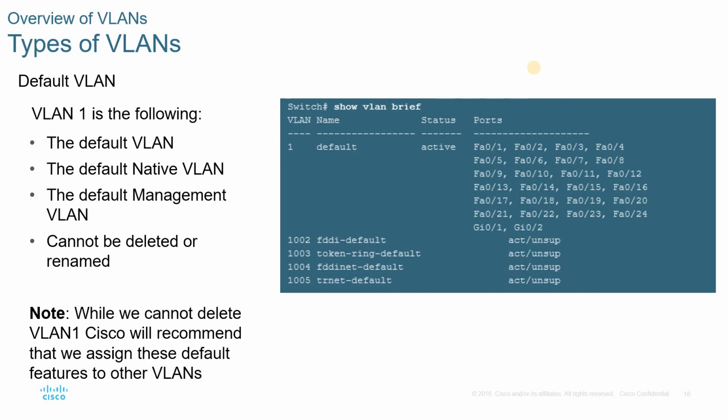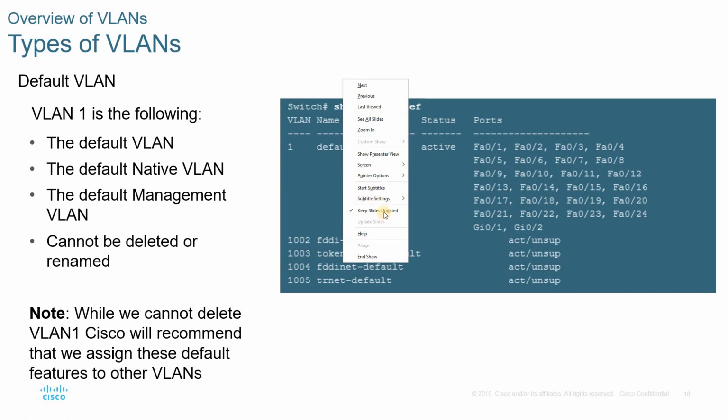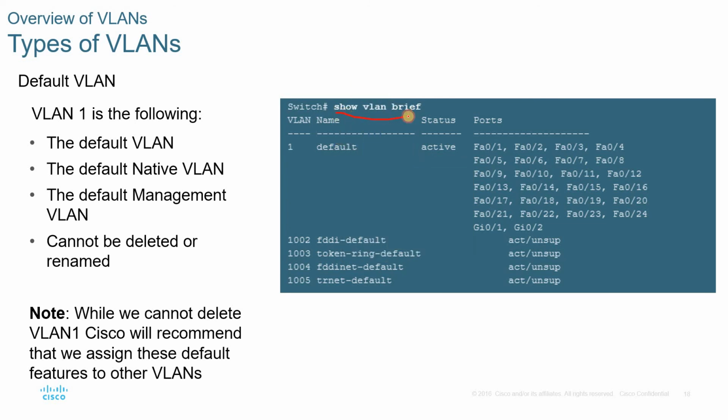In a switch environment, in privilege mode, when you type show vlan brief, this will appear. You have these values right here. You will notice that VLAN 1 is already pre-created. It's already there by default, because every switch has VLAN 1 by default.